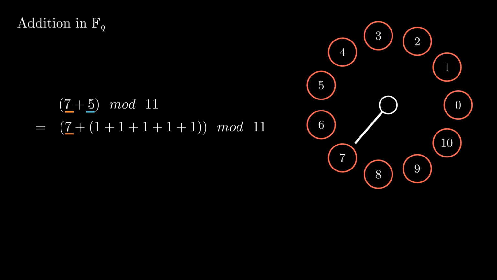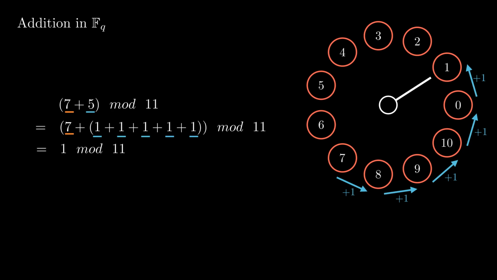Just a moment ago, we discovered that adding 1 in a finite field means making a single counterclockwise step on our magic clock. So, starting from 7, we rotate 5 steps counterclockwise. Where we land is the result of adding 7 and 5 in the finite field of size 11. And yes, you guessed it, the answer is 1.